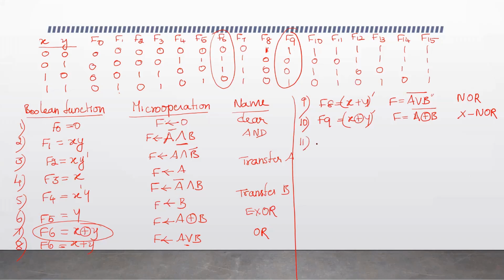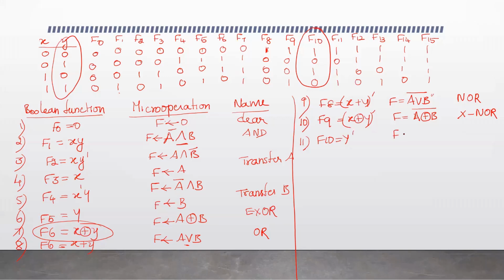And the 11th operation, that is F10. F10 is 1 0 1 0. We had somewhere 0 1 0 1, right? Yeah, 0 1 0 1 is Y. And here it is 1 0 1 0, so it is Y complement.